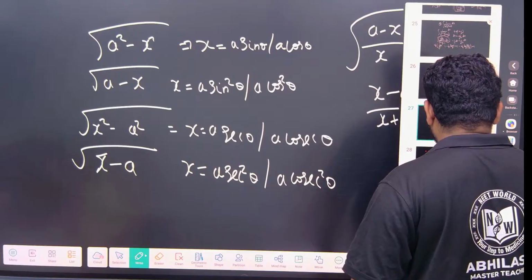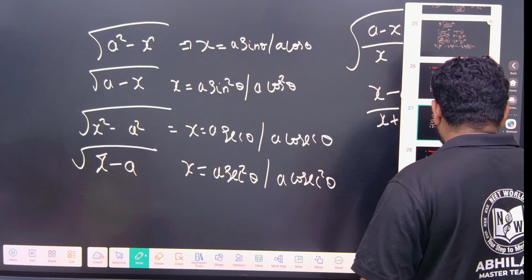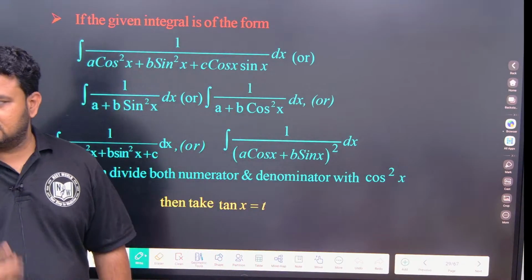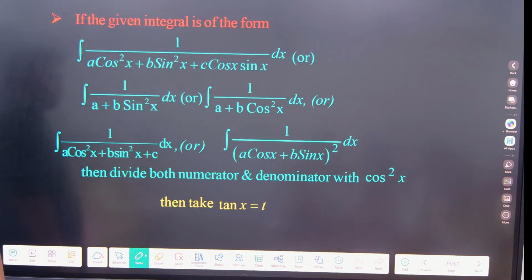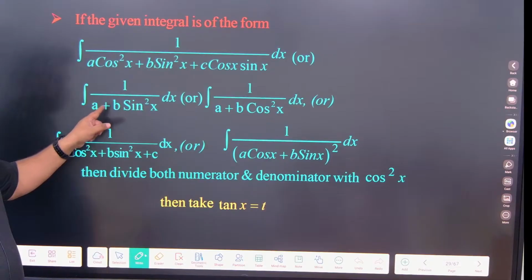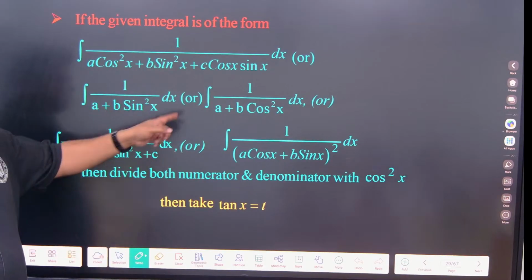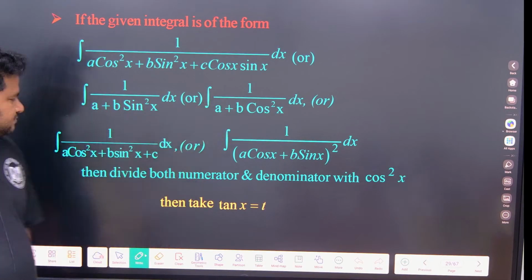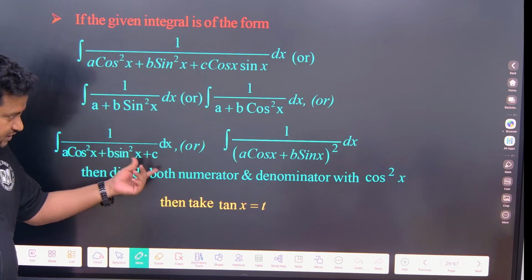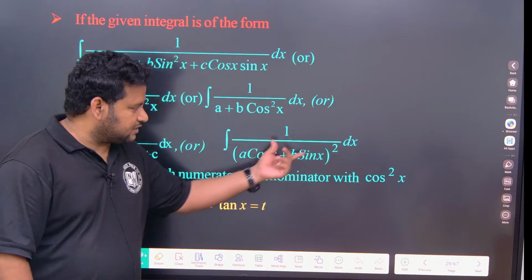This is one thing. Now, if they have given it in terms of quadratic, that is integral of 1 by a cos square x plus b sin square x plus c sin x cos x, or 1 by a plus b sin square x, or 1 by a plus b cos square x, or a combination like a cos square x plus b sin square x plus a constant, whole square, dx.